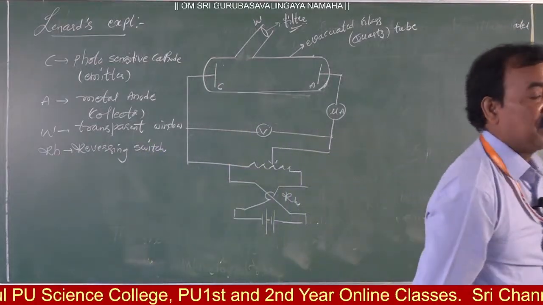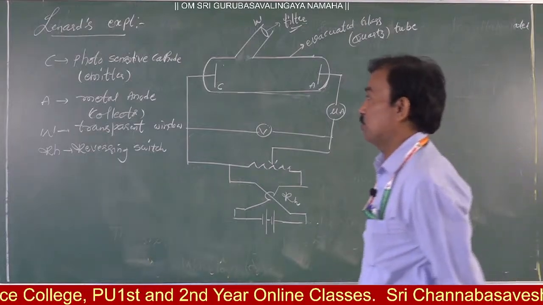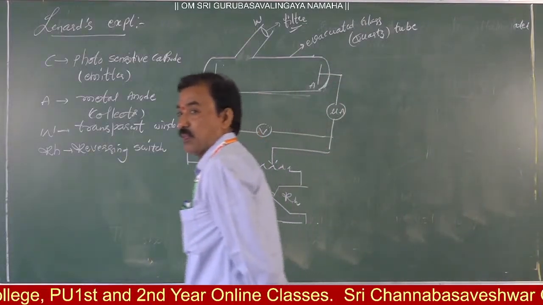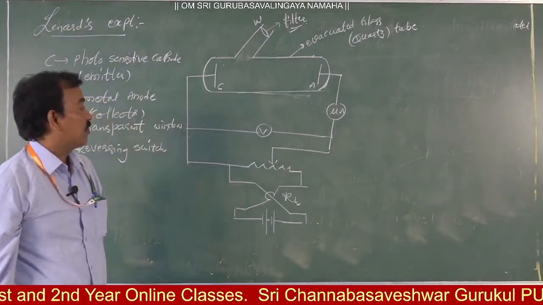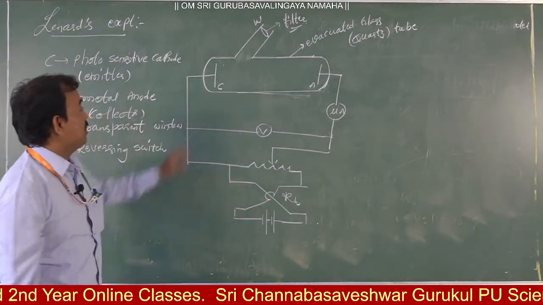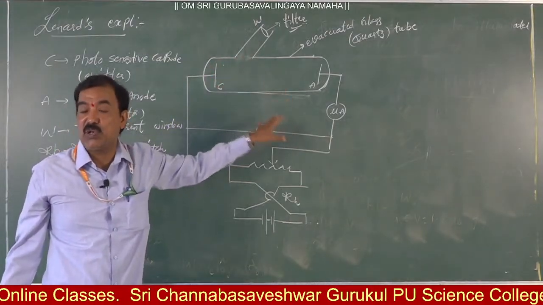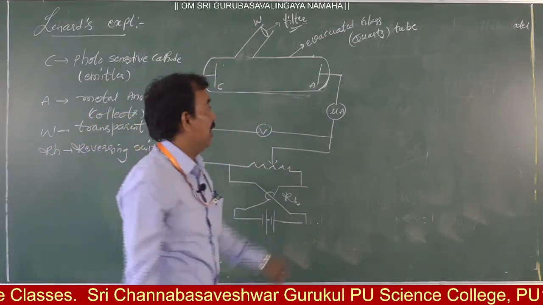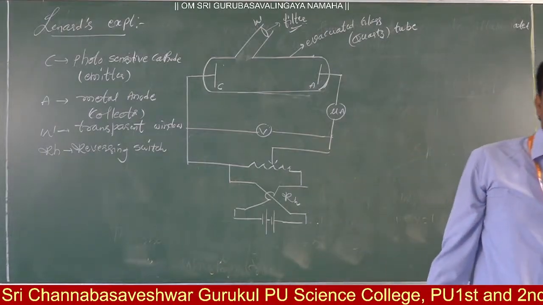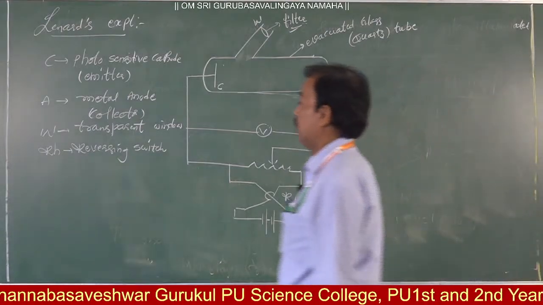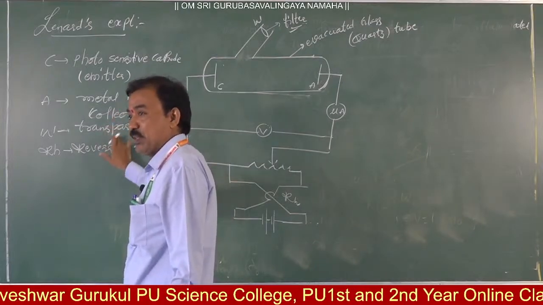Experimental study of the photoelectric effect by Lenard's experiment. C is the cathode, also known as the emitter, to emit the electrons only. A is the anode, to collect the electrons from the metal surface, hence it is also known as a collector. W is the transparent window.